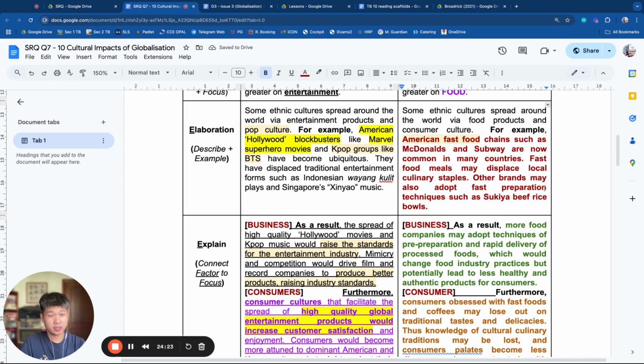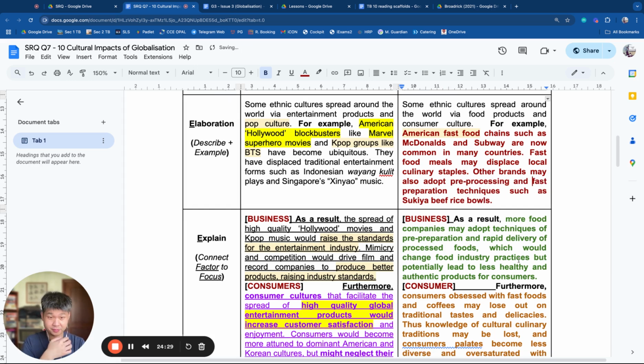Fast preparation and pre-processing and rapid delivery of food.